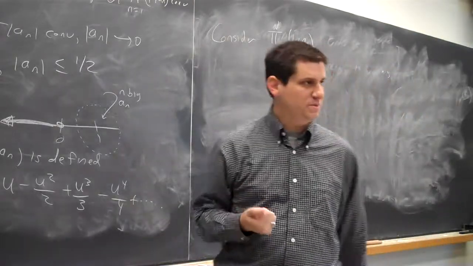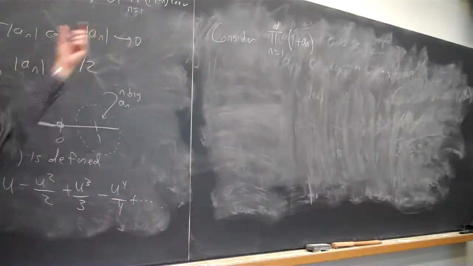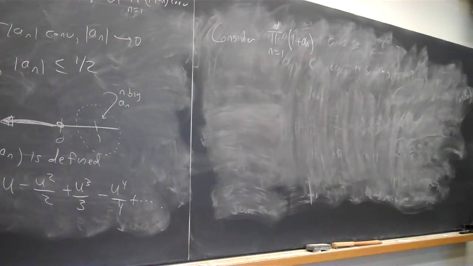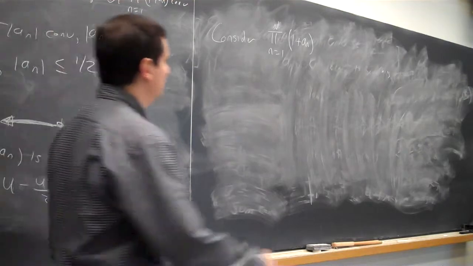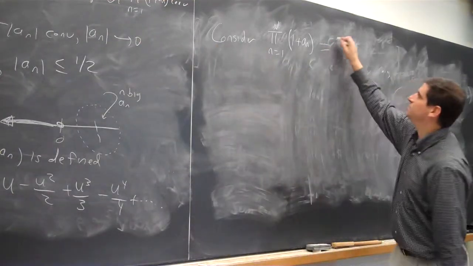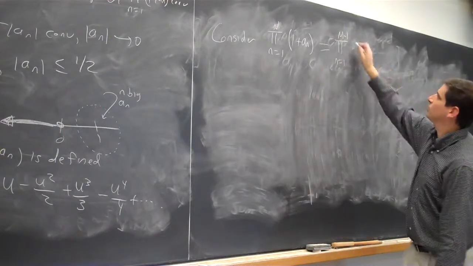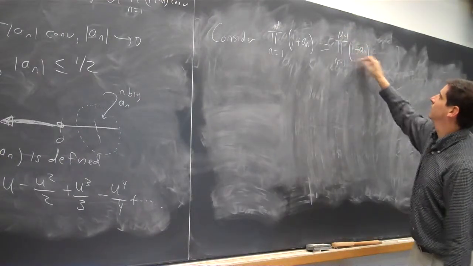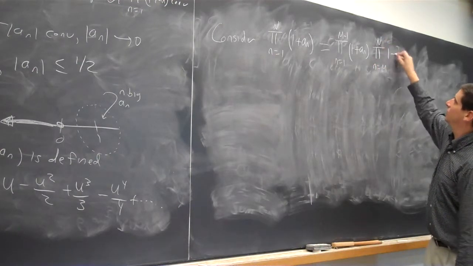So there's a little bit of bookkeeping that we need to do here. Is it true that the logarithm of 1 plus an will be defined for all values of n? No. Technically what I have to do is break this up into a product. N goes from 1 to m minus 1, 1 plus an, and then a product, n goes from m to n of 1 plus an.